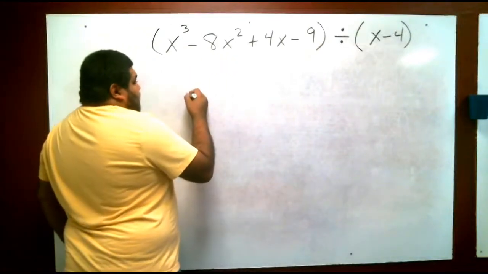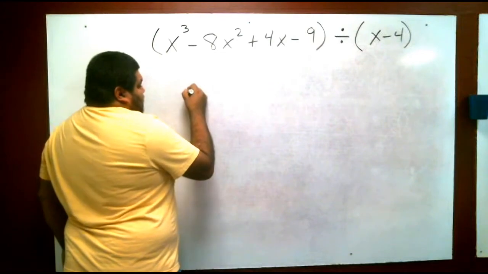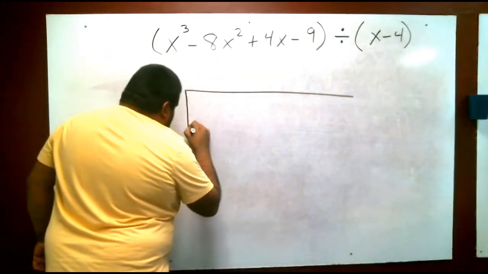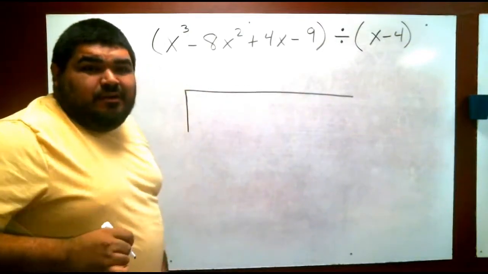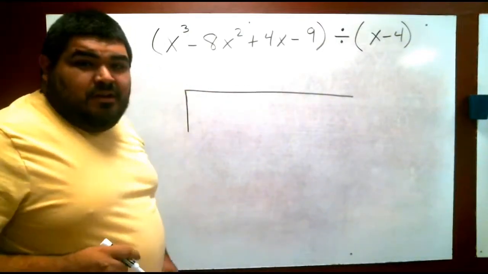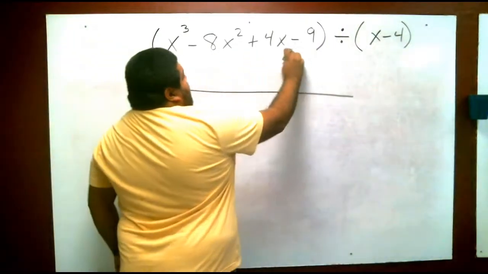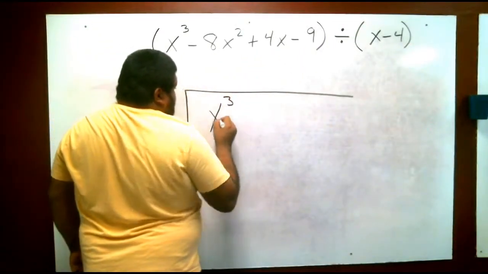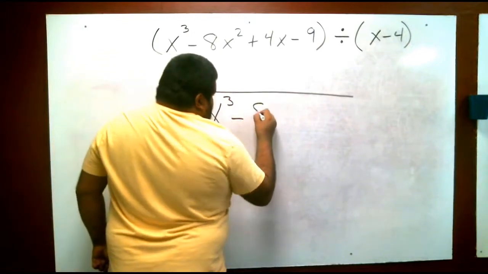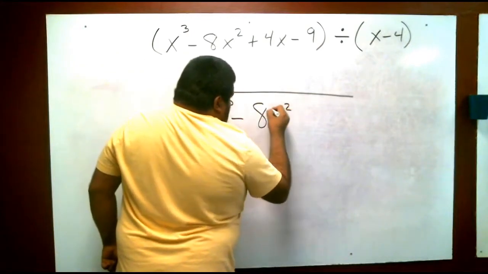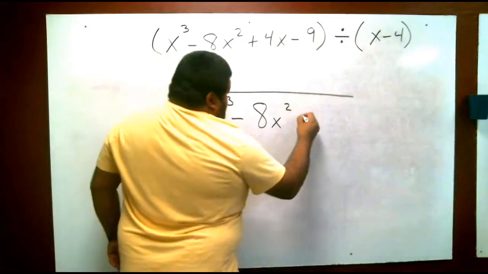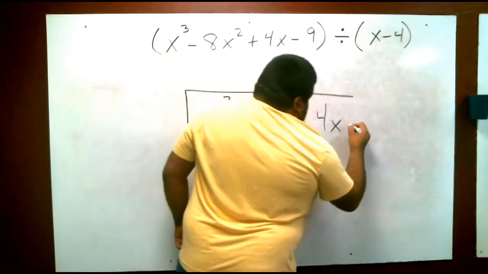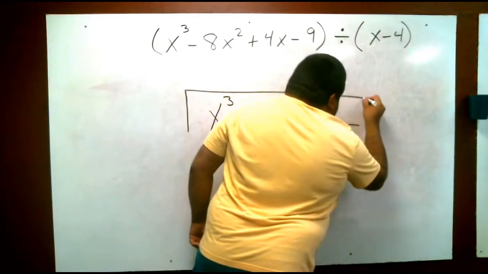So let's make our little house. Now that we have our little division house, again, we're going to put the numbers on the inside. So we have x cubed minus 8x squared plus 4x minus 9.